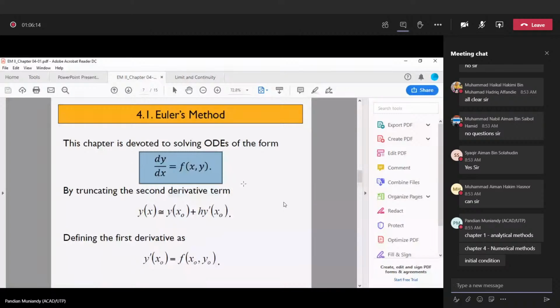Chapter 1, just now we picked separable, but underneath you saw linear using integrating factor. And after that, exact, non-exact. And then the last one is Bernoulli. Even Bernoulli, if you can write in this form, dy/dx equals f(x,y), you can solve Bernoulli using Euler's method numerically.